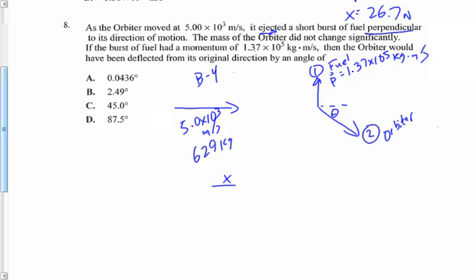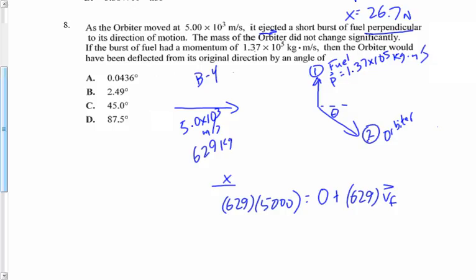We're going to say total initial momentum of 629 times 5,000. The final momentum is, well, this guy is 0 plus 629. The good news is the orbiter didn't change mass dramatically, so we're going to still say it's 629 times VF, the x component of object 2. Get VF.